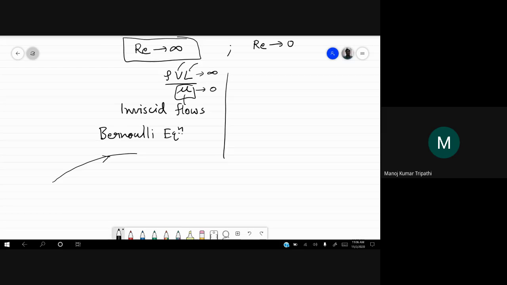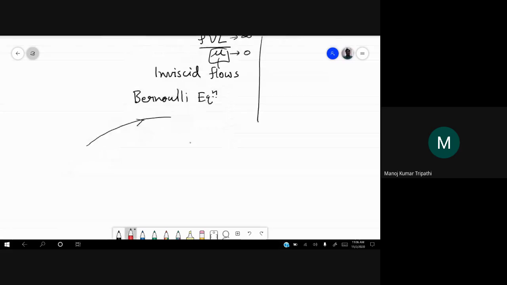So Bernoulli equation is valid along a streamline, and this was P plus rho v square by 2 plus rho g z equal to some constant c along a streamline.